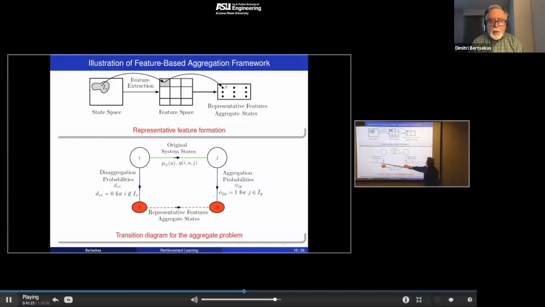Once I define these d coefficients, these probabilities, and these p's, I have a model for transition from one feature to another feature, and also a model for the corresponding cost. Now we have to explore the properties of this problem, whether it's good or not, but this is the basic framework: representative features plus connecting probabilities, connecting weights, connecting relations, if you will.